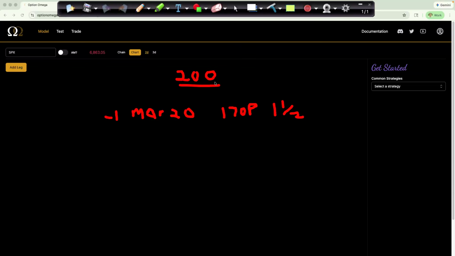We'll use that as an example. Stock's at 200. I'm going to sell one March 20 put. So that's 3 weeks from today or so. 170 put, 30 points below the market, at 1.5. So the idea is you're collecting $150. As long as we don't go under 170, you get the check, right? If we go under 170, you're committing yourself to buy the stock at 170, minus your premium of 1.5, which would be 168 and a half, which is still $17,000. Does everybody get that?